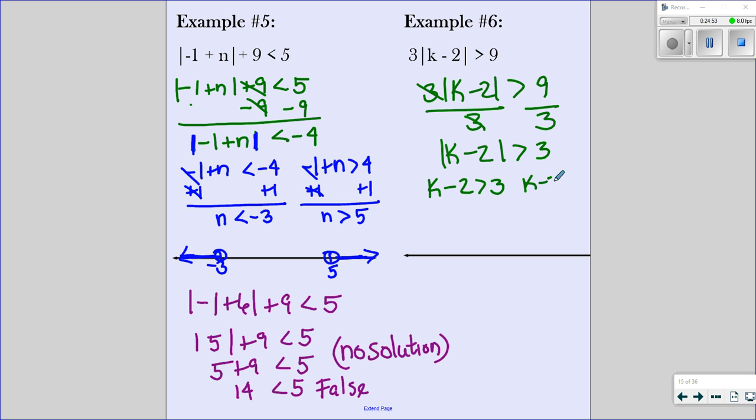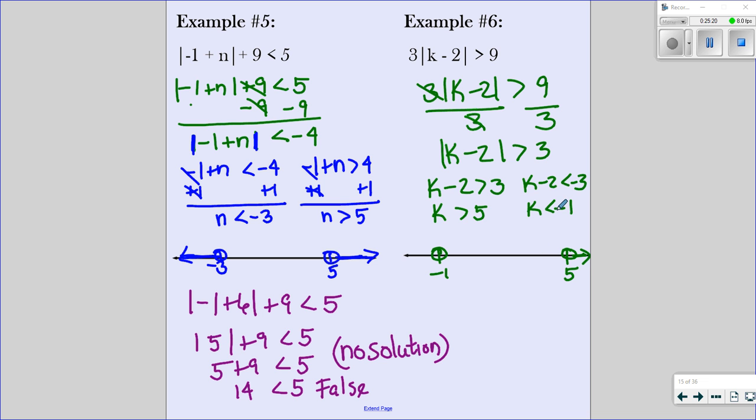This one will be k minus 2 less than negative 3. This will give us 5, and then k will be less than negative 1. So we have negative 1, we have 5. Both are going to be open circles, and in the direction of 5, it's greater than, so it's going in this direction.